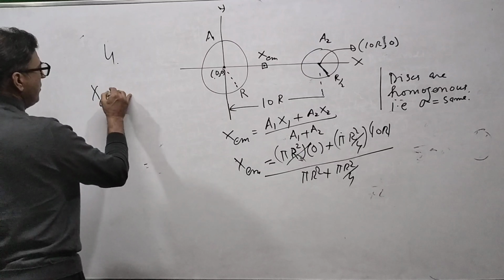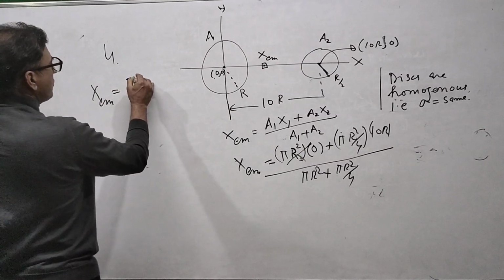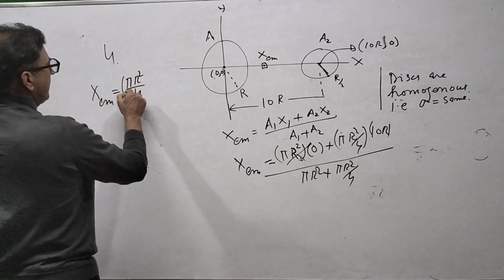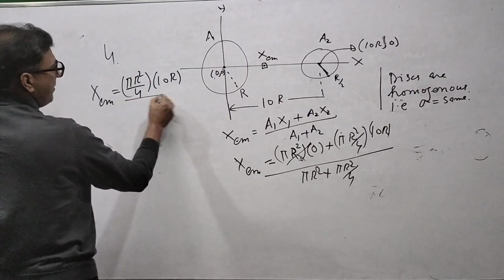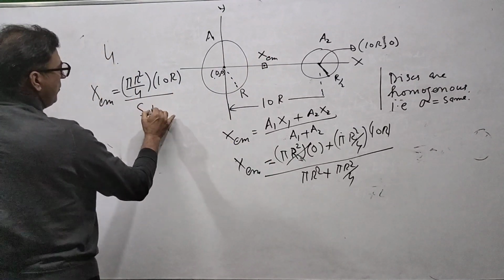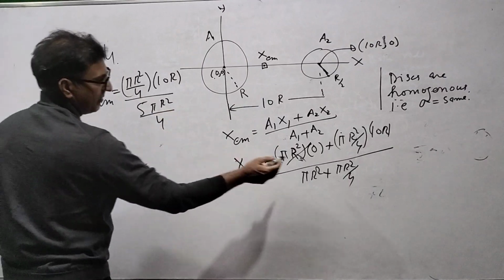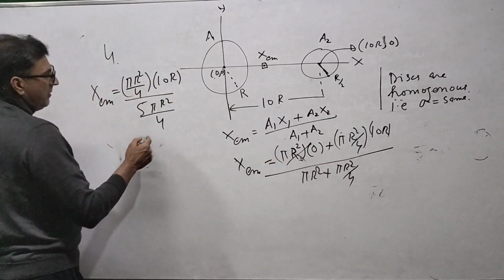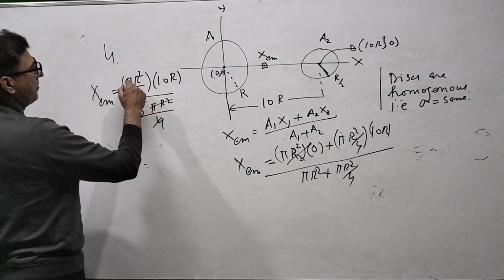XCM is equal to pi r square by 4 into 10r in the numerator, divided by 5 pi r square by 4. The 4 goes, pi r square goes with pi r square.